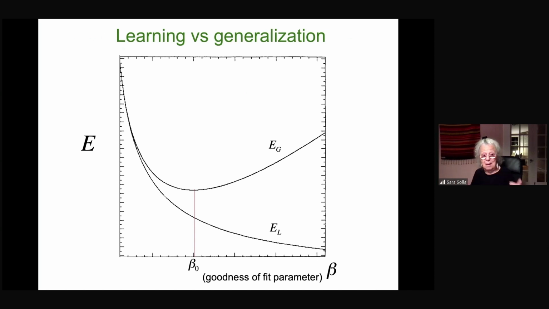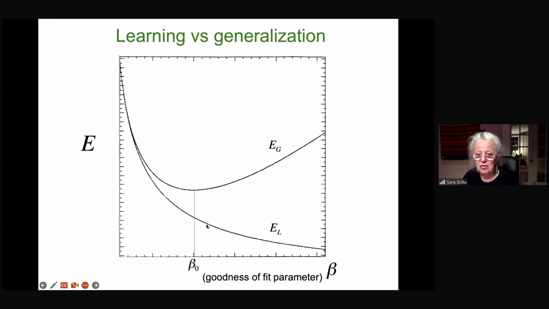This noise has an amplitude sigma, a variance sigma eta squared, which is 1 over 2 beta 0, but you're estimating beta to be even smaller than beta 0. So you're allowing networks that don't fit the data to survive. So in this regime, the generalization error is also decreasing, but it's already larger than the learning error because we are underfitting the data. But in this regime, we are overfitting the data.